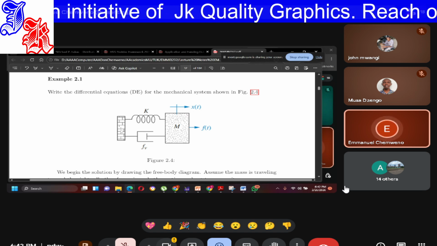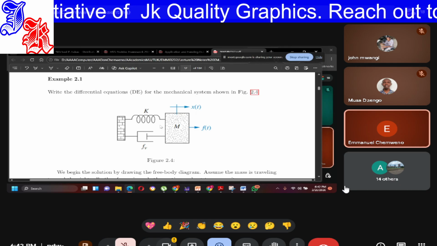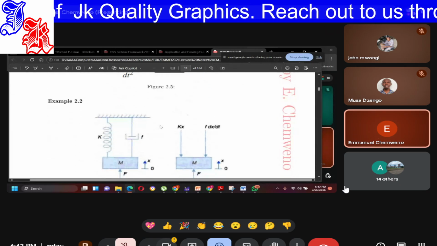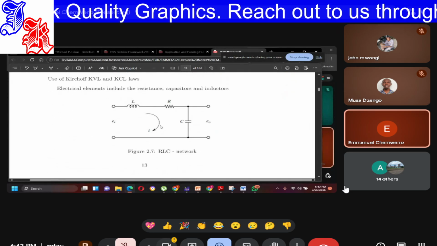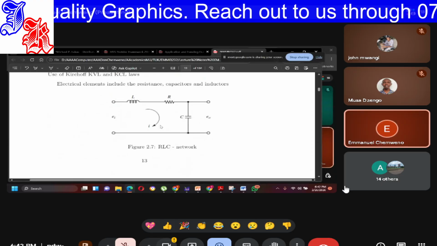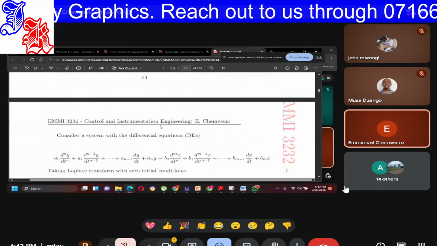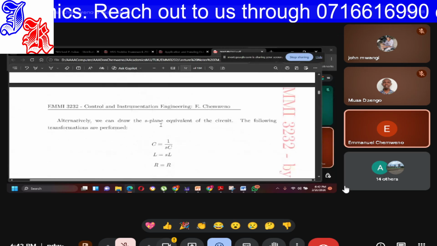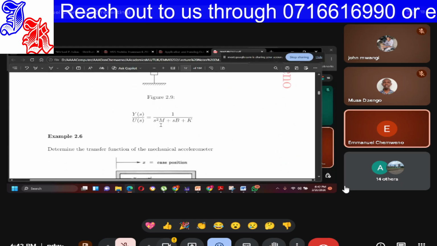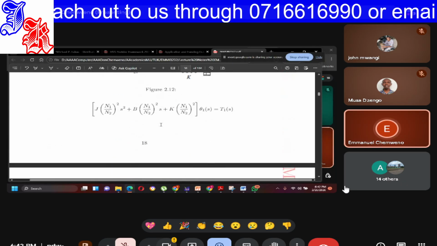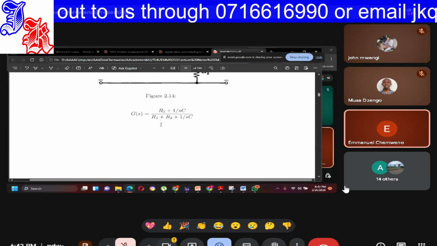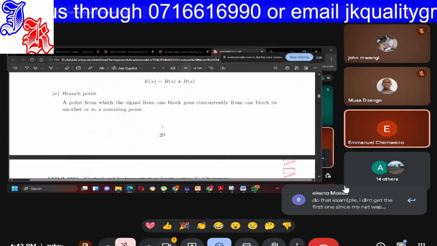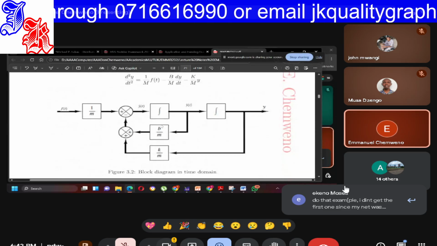Let's use the block diagram approach for this. We have drawn the block diagram for that example.